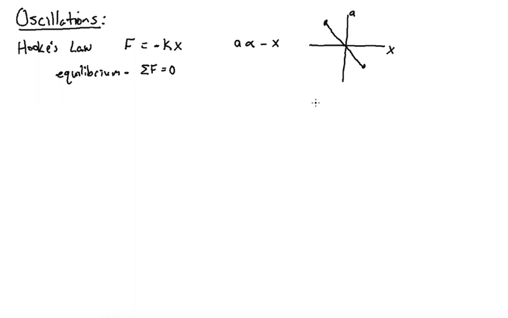The classic example that follows Hooke's law is a mass on a spring. So let's say we have a spring attached to a wall, and then a mass attached to it, on some frictionless surface. In this case, the spring constant would be k.